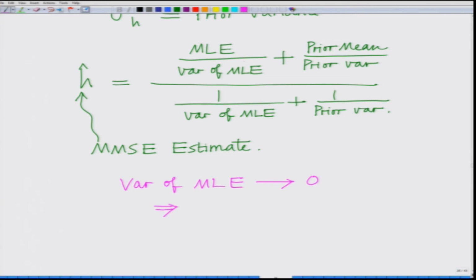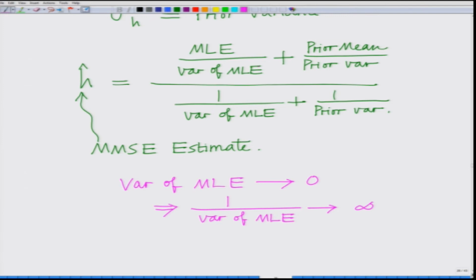Then 1 by variance of MLE tends to infinity. Therefore, MLE by variance of MLE is the dominant quantity in the numerator and 1 by variance of MLE is the dominant quantity in the denominator.